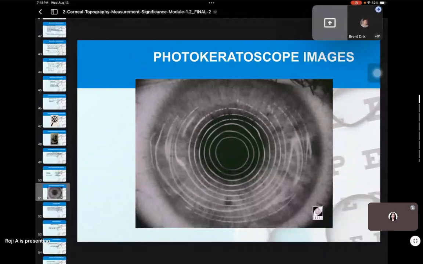Ectasia. There must be an irregular cornea, right? Such as ectasia. Okay? Because it's a giveaway. The concentric ring is not perfect. It is distorted, right? Correct?